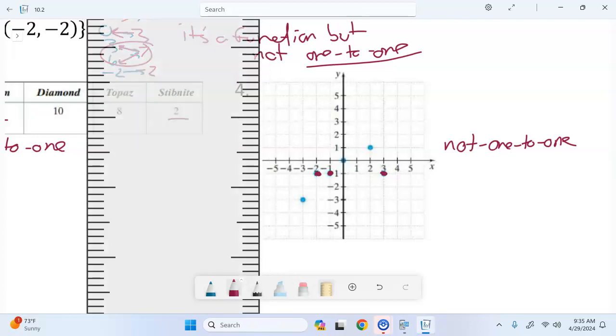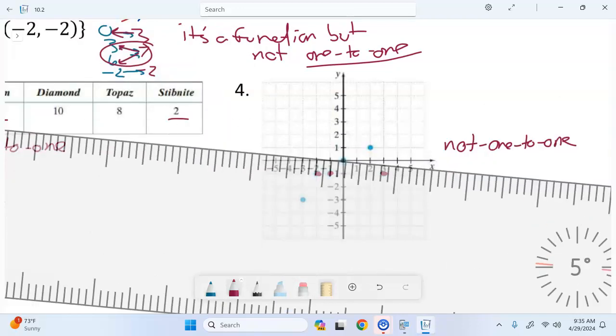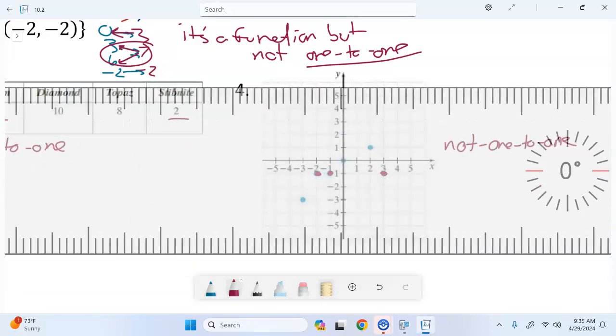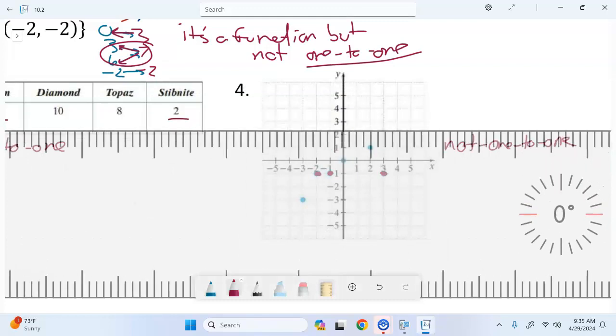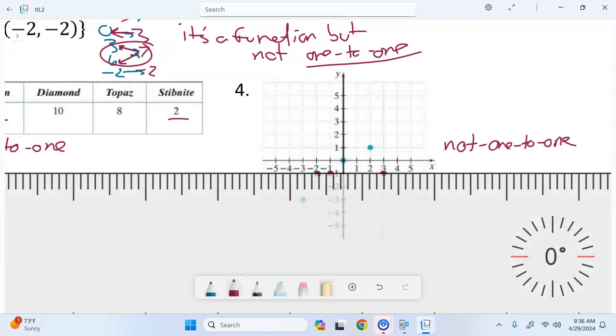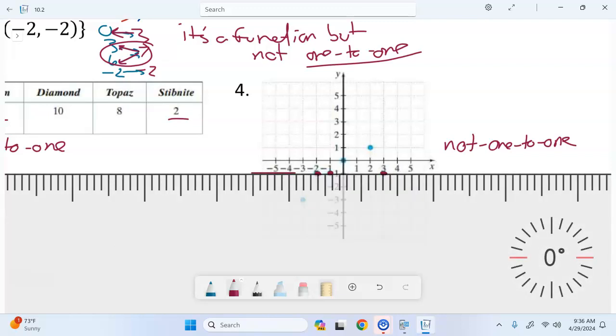Now assuming that something passes the vertical line test, we can also check to see if it's a 1-to-1 function, if it passes the horizontal line test. If my horizontal line only ever passes once, that's 1-to-1. If it touches more than once, that's how we can visually see a graph as not 1-to-1 because it fails the horizontal line test.